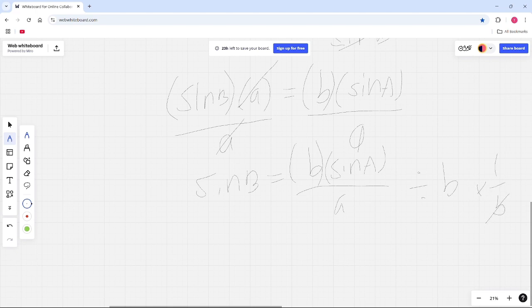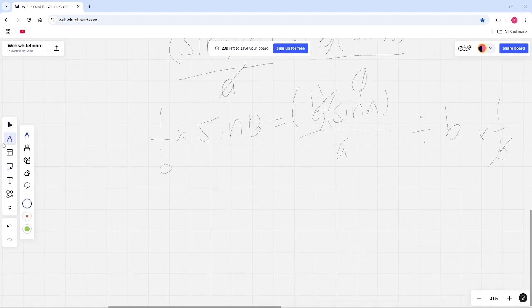So then it would just simply divide B out here. You multiply this side by the reciprocal. So you're left with sine B over B is equal to sine A over A.